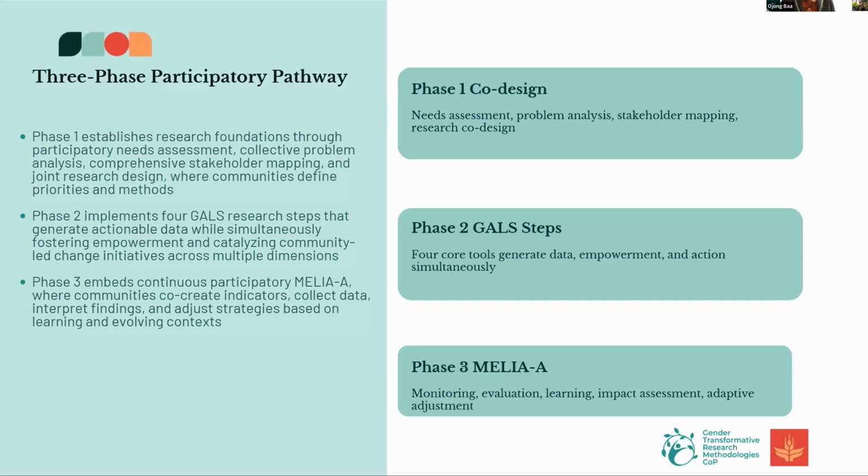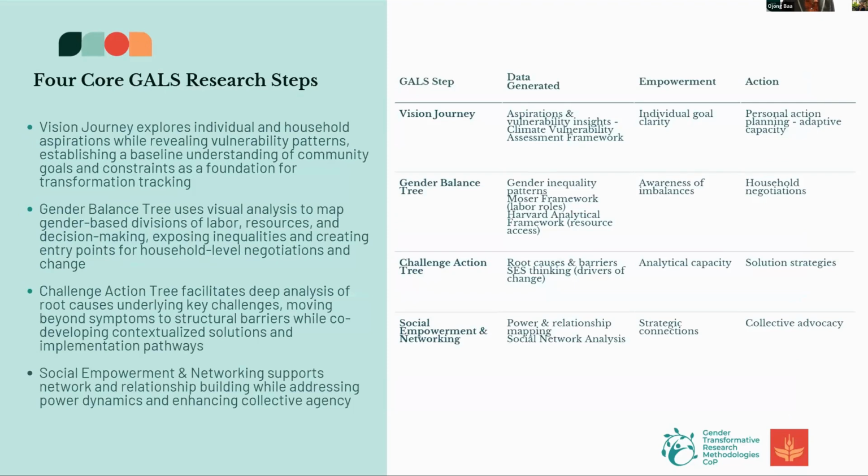And then the last phase brings in, like I said, your participatory MEAL approach, where communities work together with us to be able to co-create clear, research-backed indicators that can allow them, not just as community members, but also to see the direction we as researchers are taking and why we are taking those steps. So the adjustments happen across the different strategies that we pull through the different indicators that have been designed.